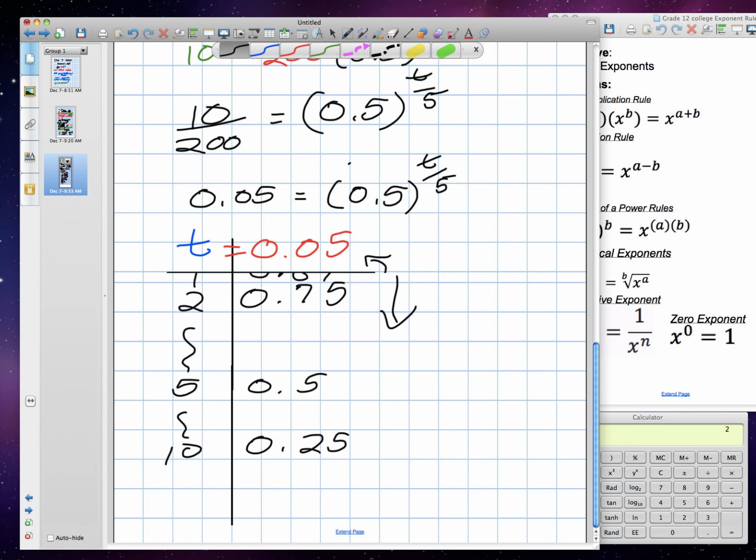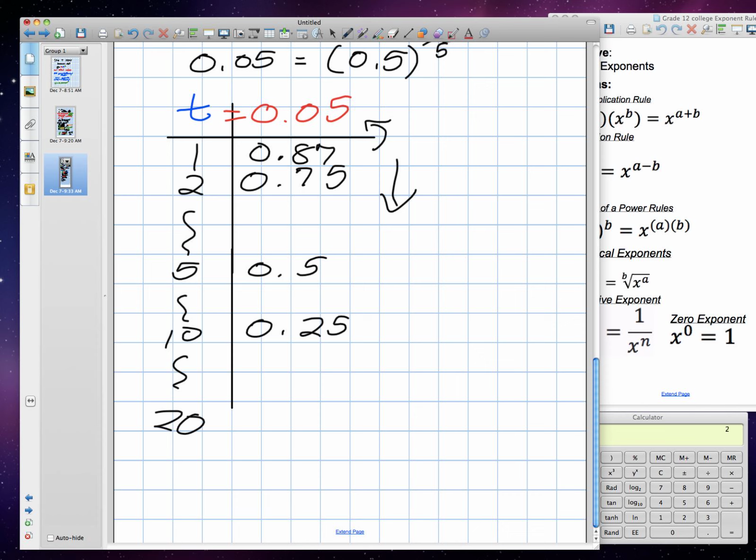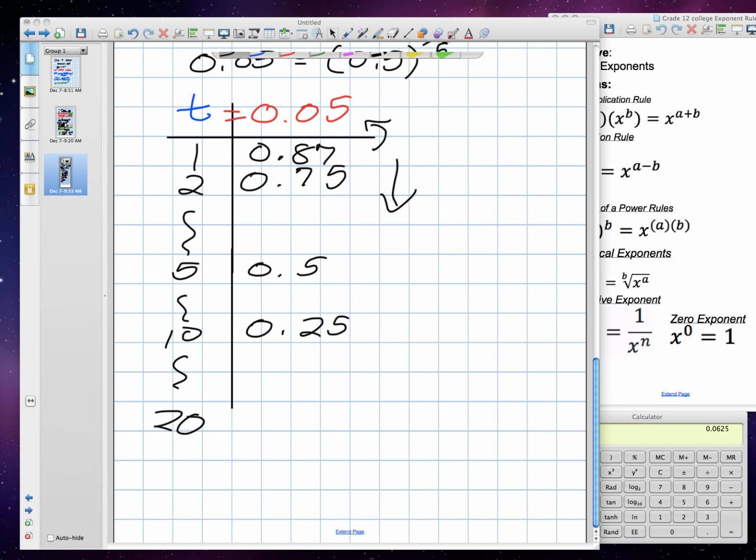Let's try 20. 20 divided by 5 gives us 4. 0.5 to the power of 4 equals. Oh, we're getting close. 0.0625. All right.